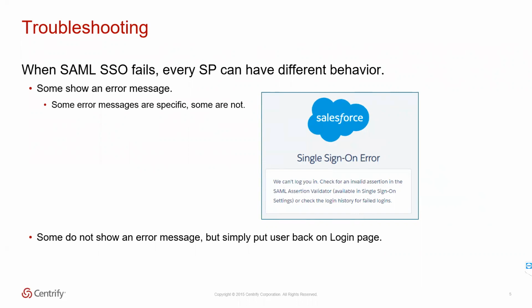Now let's start with the error that they receive. Unfortunately, every service provider could have different behavior and therefore different messages. But still, we have to first see what they are saying. So some show an error message, kind of like this one from Salesforce, that if you read it, it says, hey, the assertion is invalid.